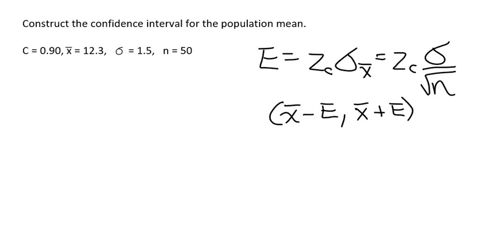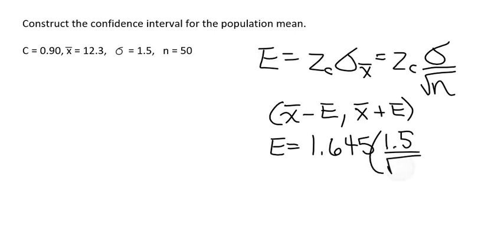So first let's calculate the margin of error. Since I'm dealing with a 90% confidence interval, I look at my table, table 4, where it has the critical values for the confidence level of 90% or 0.90, and that is 1.645. Standard deviation is 1.5 all over the square root of n, which is 50.